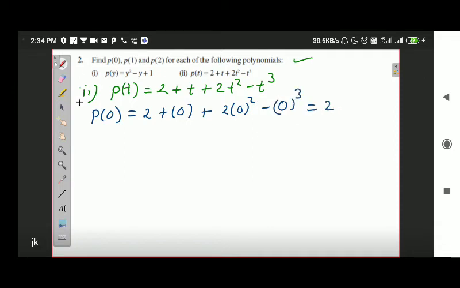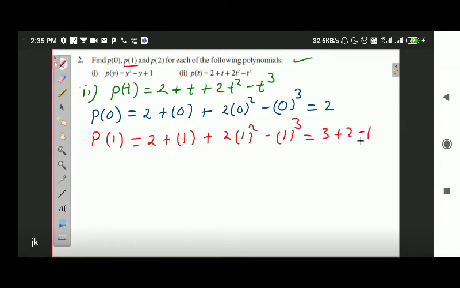So this will be 2. For the second part, we have to find the value of p(1). In place of t, everywhere we write 1: 2 plus 1 plus 2 into 1 square minus 1 cube. So this will be 2 plus 1, that is 3, 2 into 1 is 2, minus 1. The final answer is going to be 4.